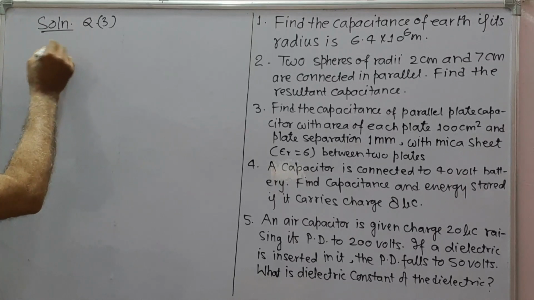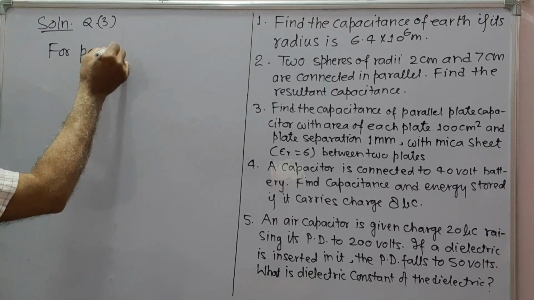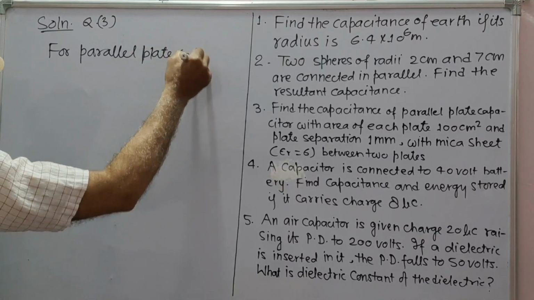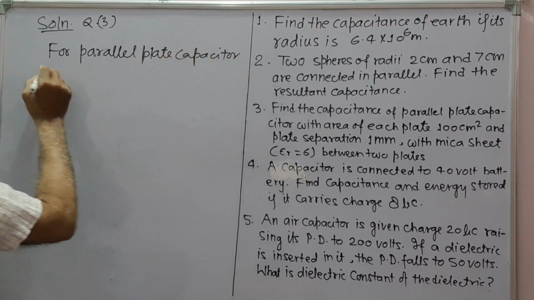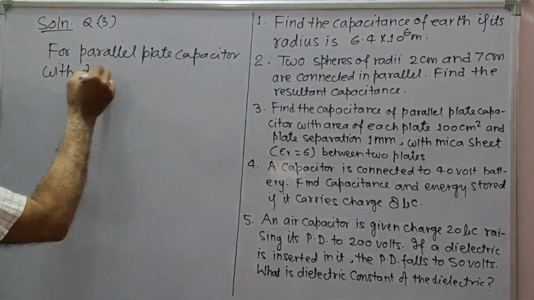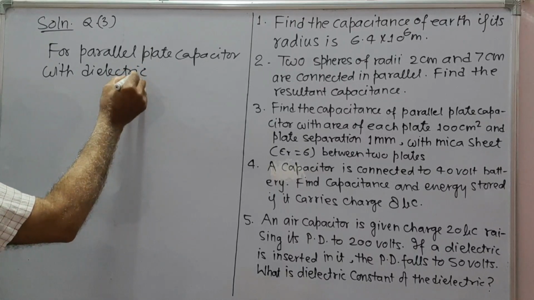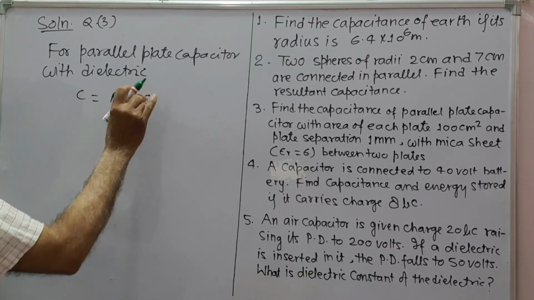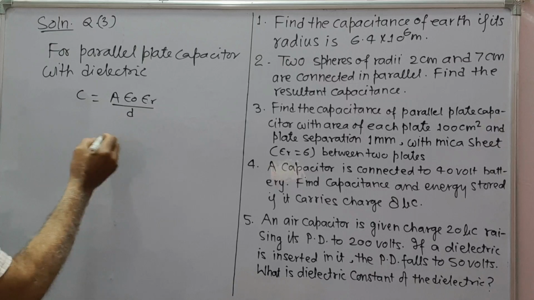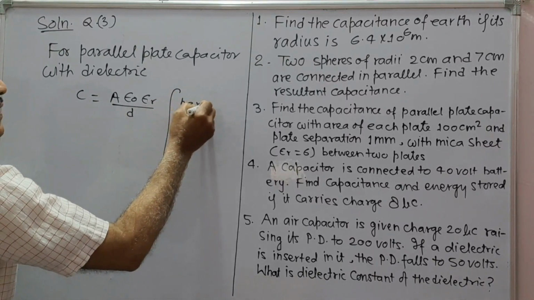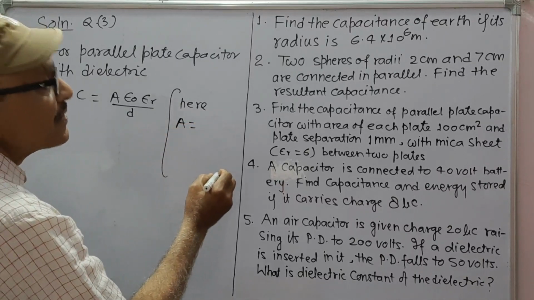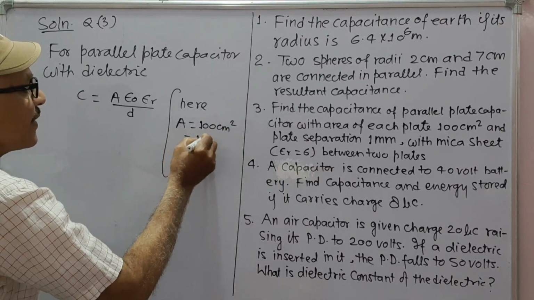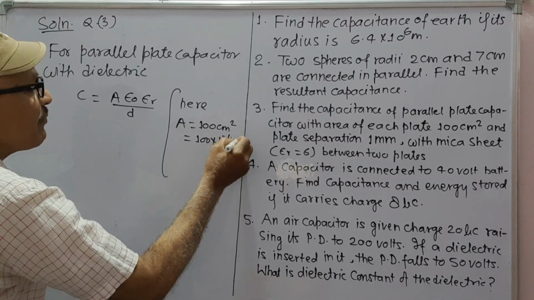For parallel plate capacitor with the dielectric, C is equal to A epsilon naught epsilon R upon D. Here A is given to be 100 cm square, which is 100 into 10 to minus 4 meter square.